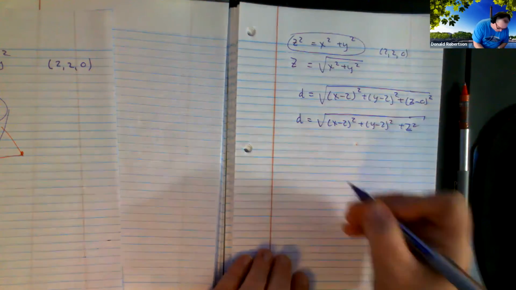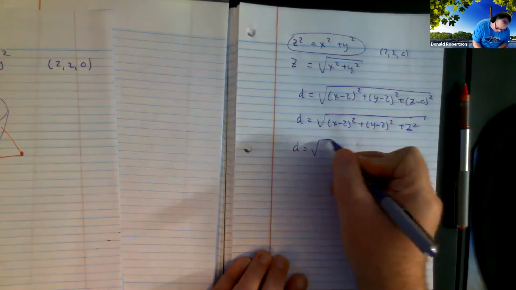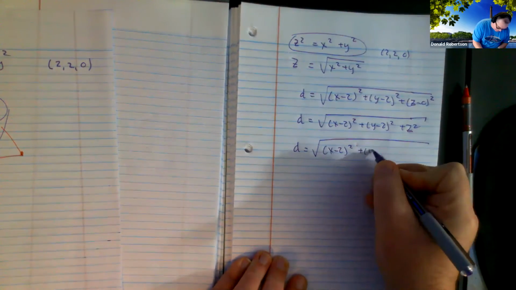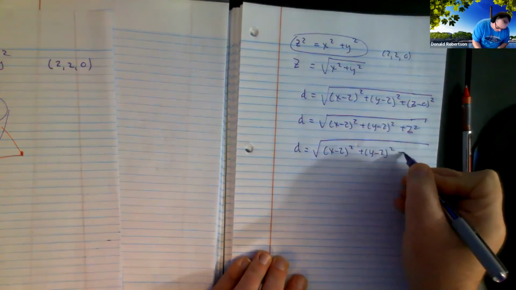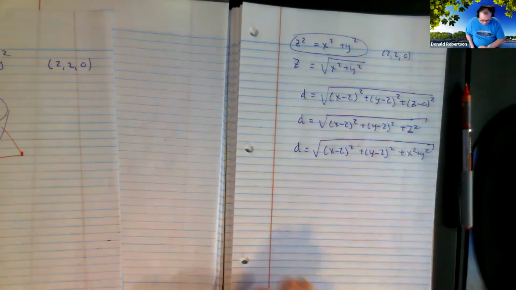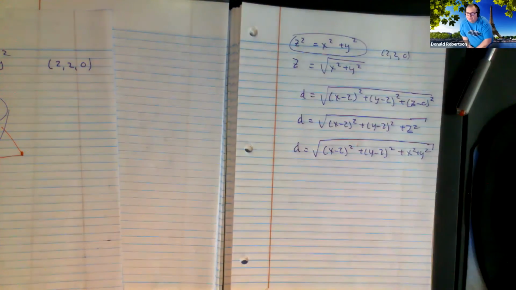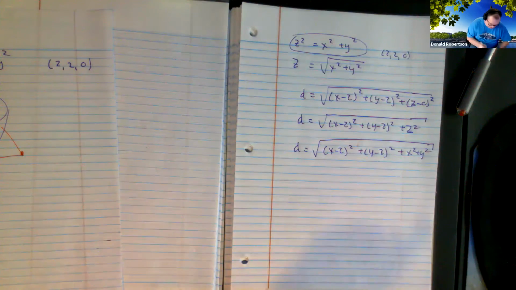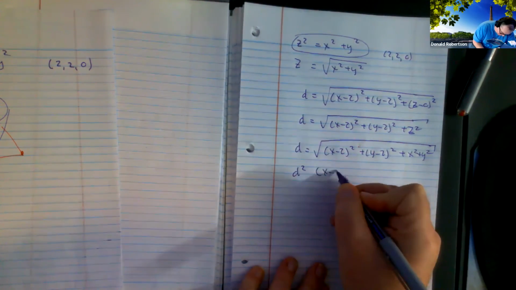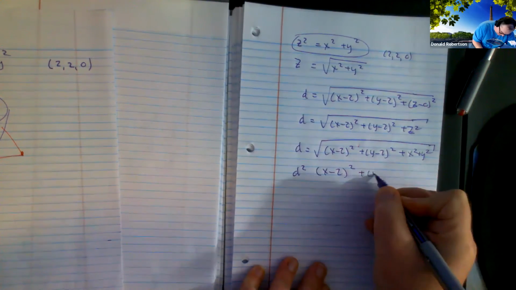Right. And so d is that guy squared plus that guy squared plus, replace the z with x's and y's. And we're not going to use him. Aren't we going to use this guy?